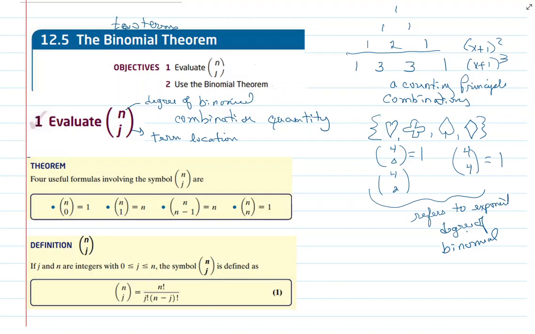So, like I said, n over 0 is 1, n over 1 is n, because there's n possibilities of singular use. n over n minus 1 is n, and then n over n is again 1. We notice the start and the finish are 1s. The start and the finish are 1. Always.